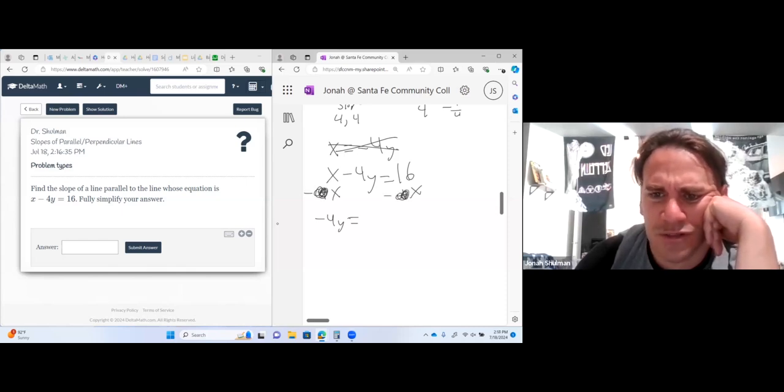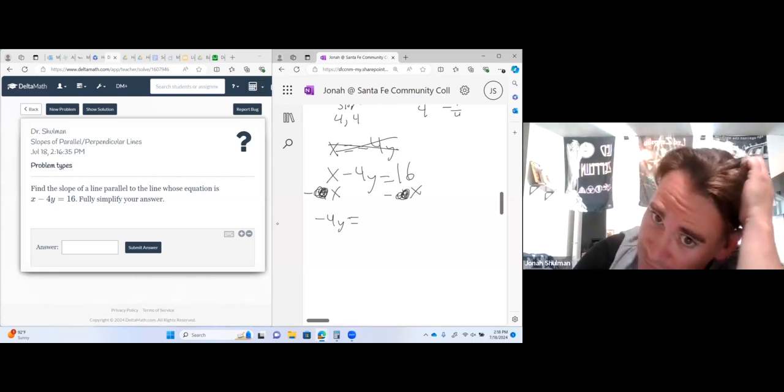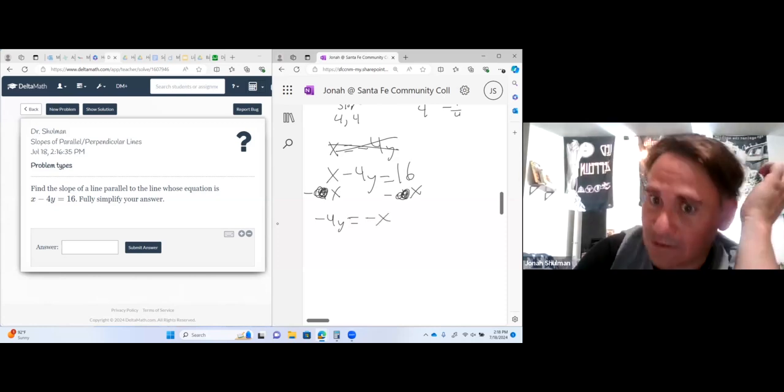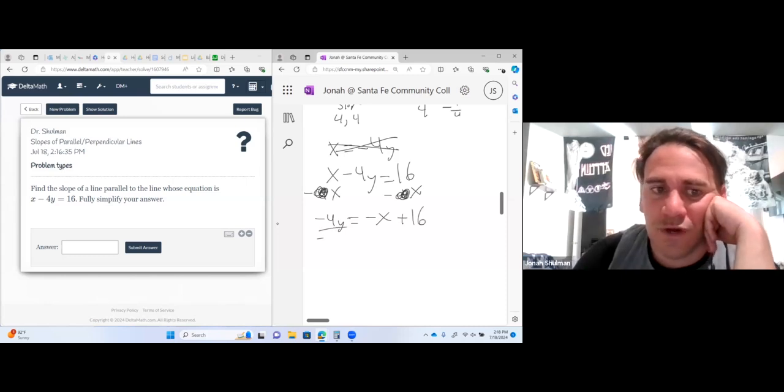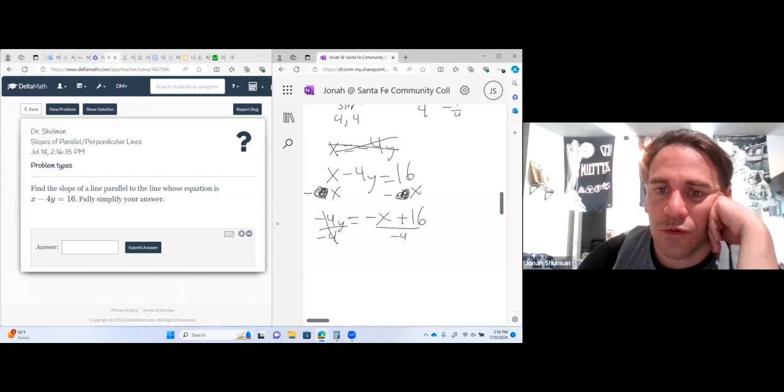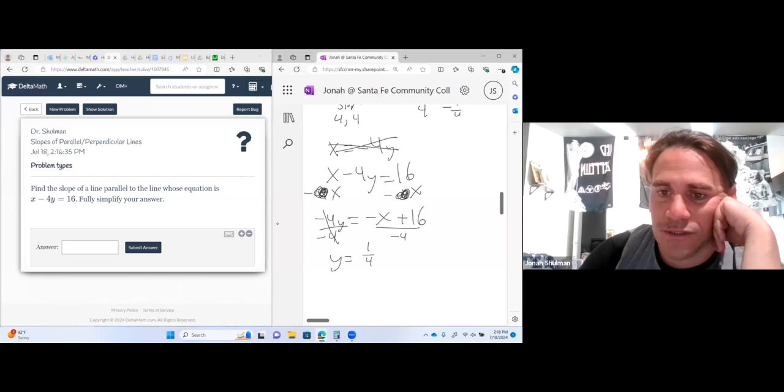That x is positive. And 16 minus x isn't 15. That's a mistake a lot of students will make. So negative x plus 16. We divide both by negative 4. So we know our equation is y equals, negative divided by negative is positive, so it's 1/4 x minus 4.